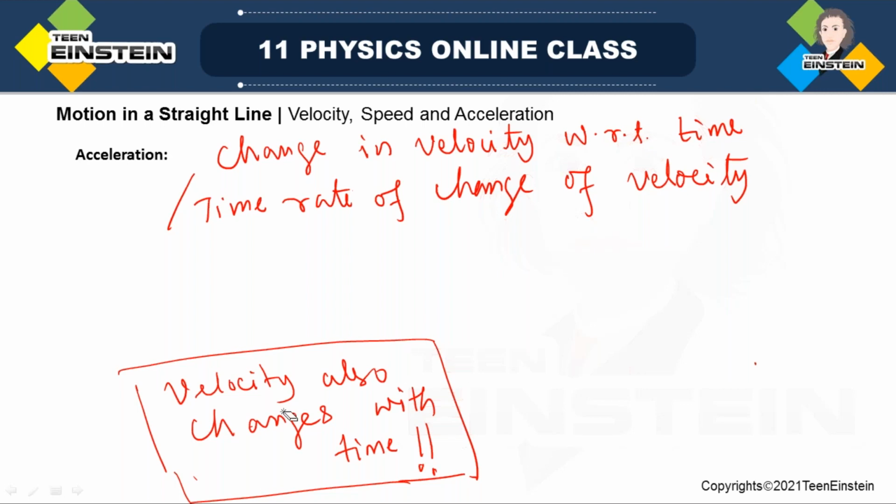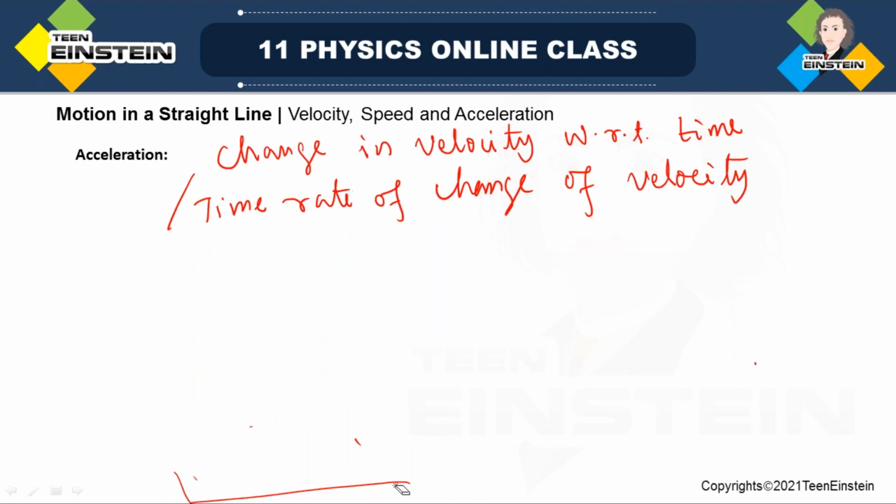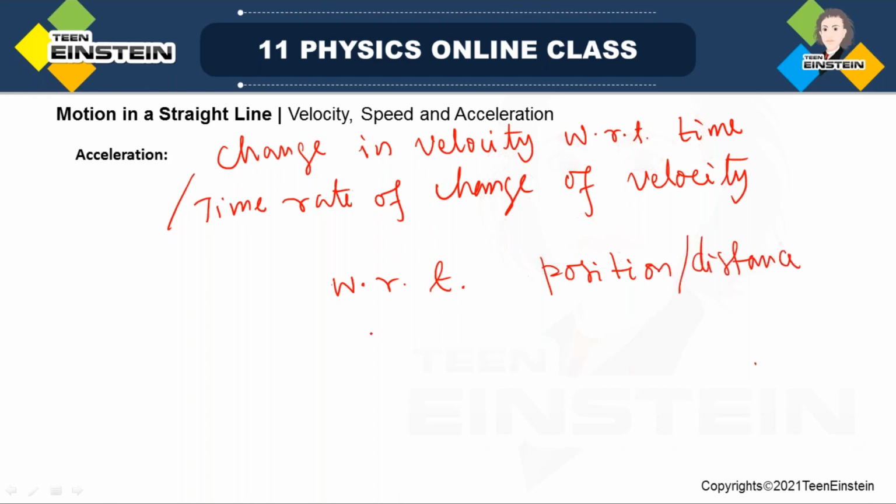But there was a problem during Galileo's time: how to define acceleration or change in velocity, whether with respect to position, or distance, or with respect to time.